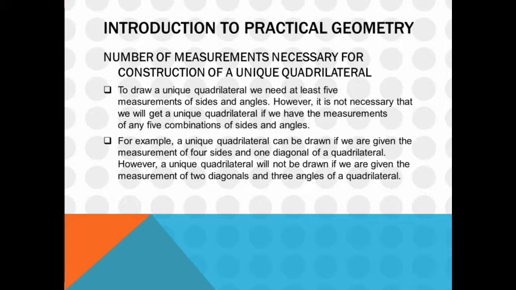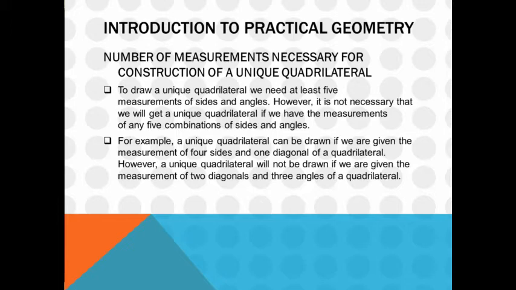Now, to draw a unique quadrilateral, we need at least 5 measurements. This is the minimum number of sides or angles which we need for the construction of any quadrilateral. But it is not necessary that after having these 5 measurements we will be able to construct a unique quadrilateral.